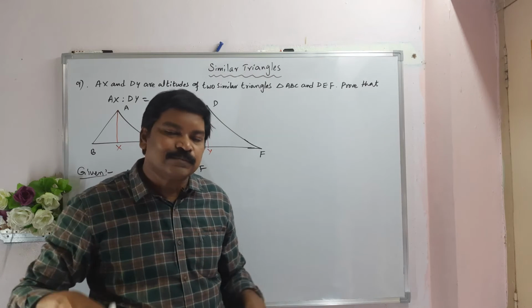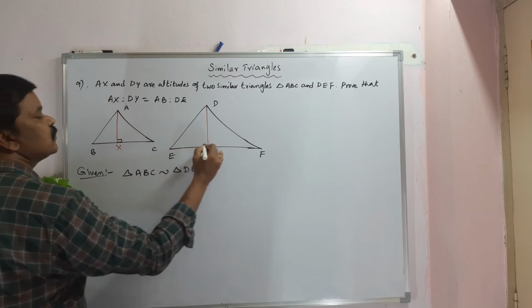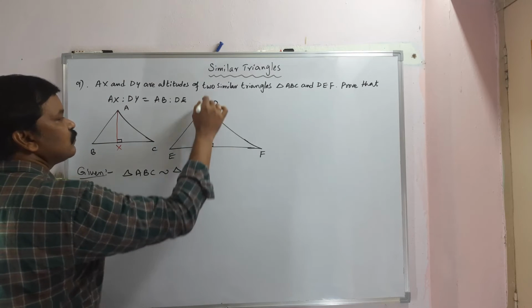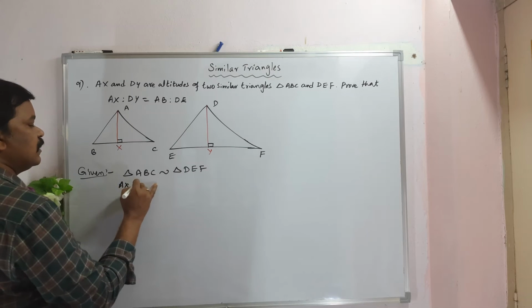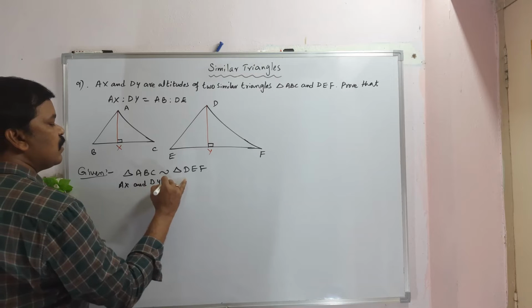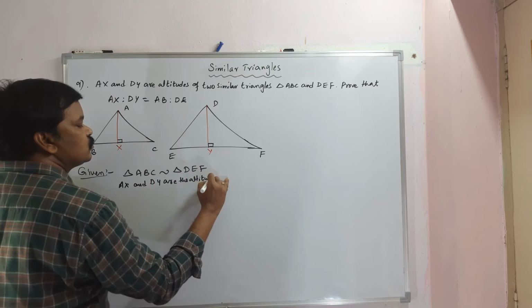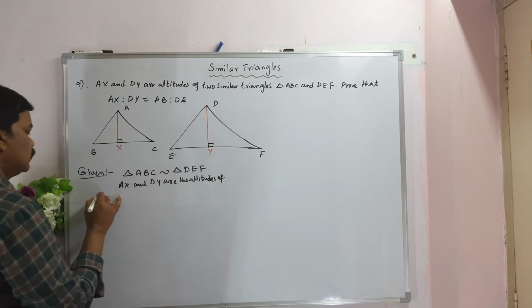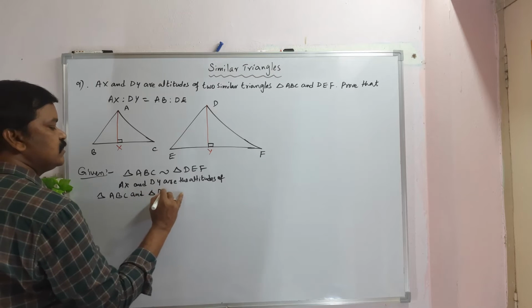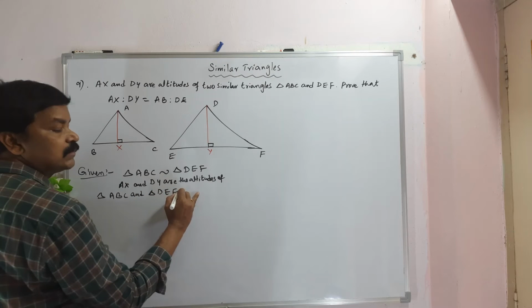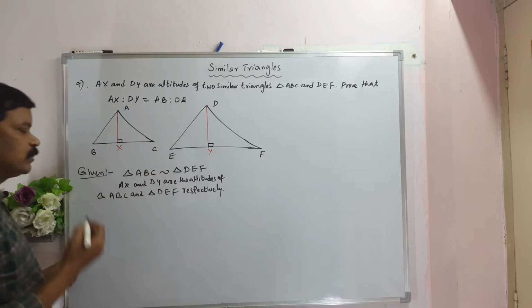So here AX and DY are the altitudes of triangle ABC and triangle DEF respectively.